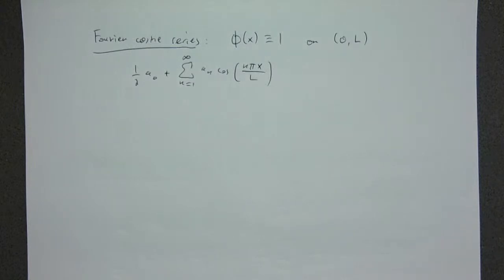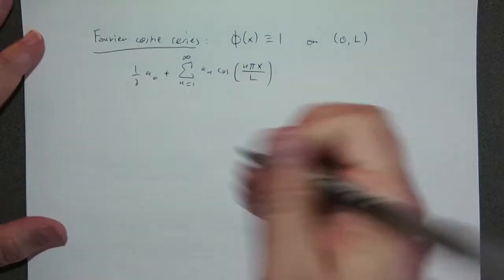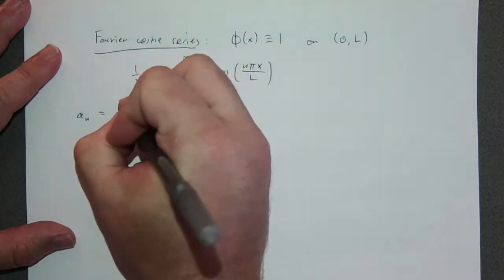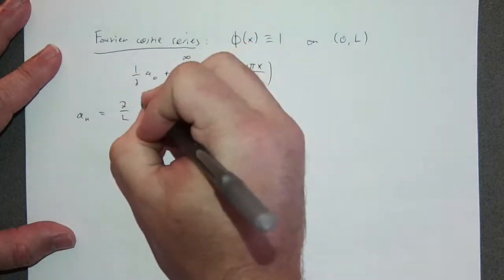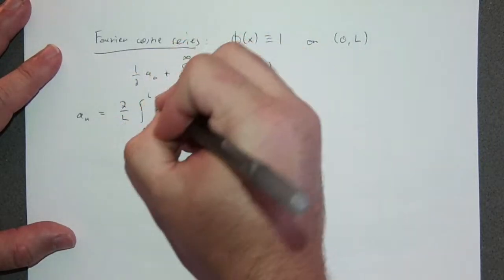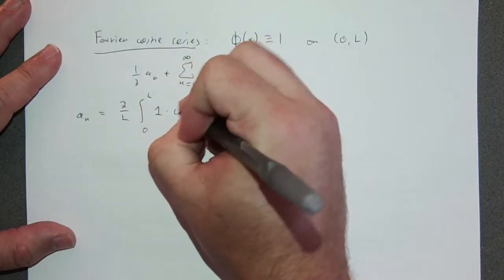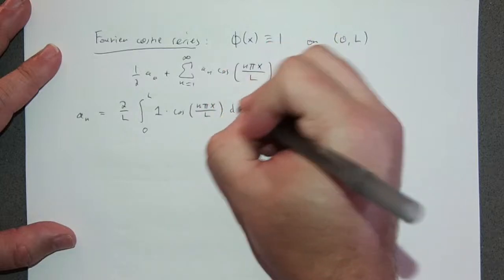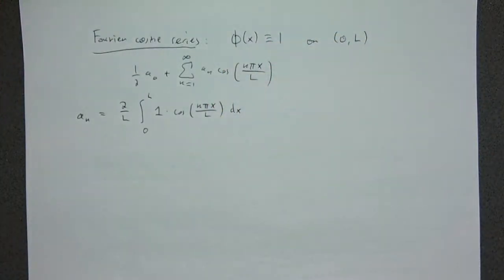So I want to compute those coefficients here. Well, a sub n is 2 over L times the integral from 0 to L of 1 times cosine of n pi x over L dx. What do I get here?